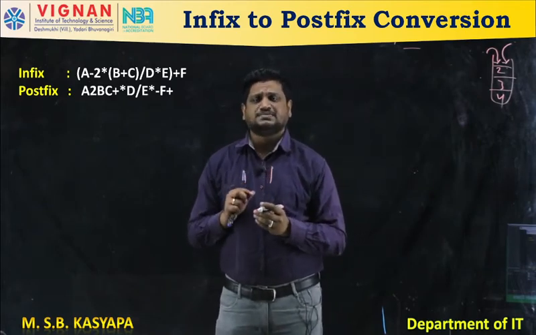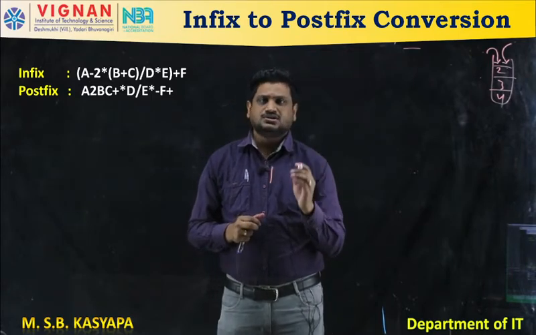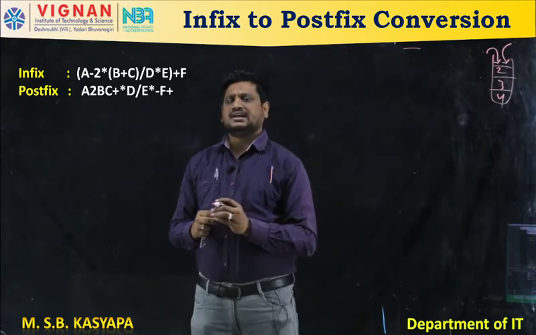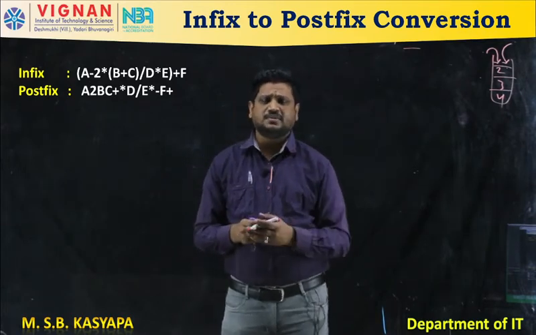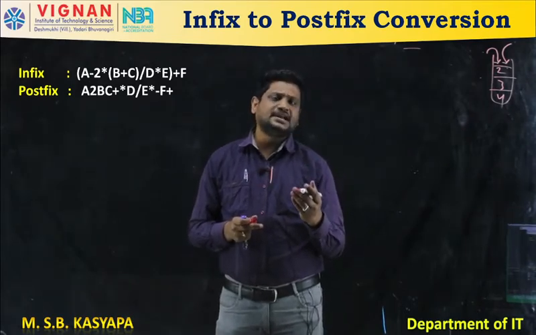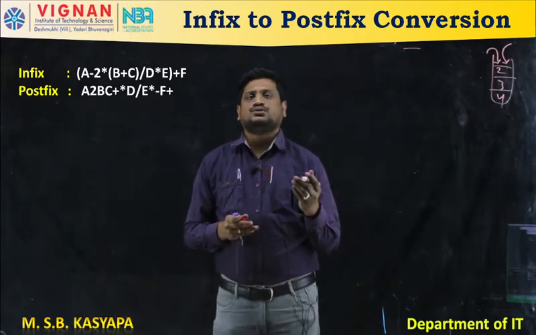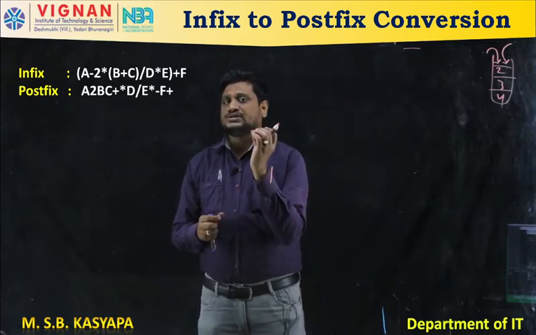What is an expression? An expression is a collection of operators and operands. What are operators? Operators are plus, minus, divided by, and brackets. What is the purpose of an operator? Operators explain what to do, am I right? Now, what is an operand? An operand holds the data.